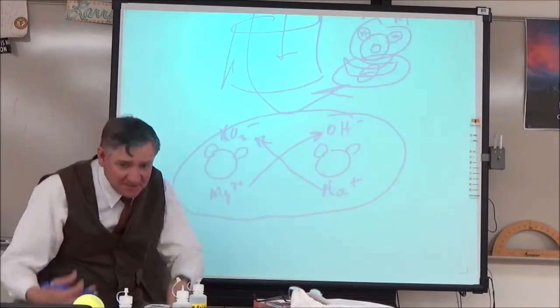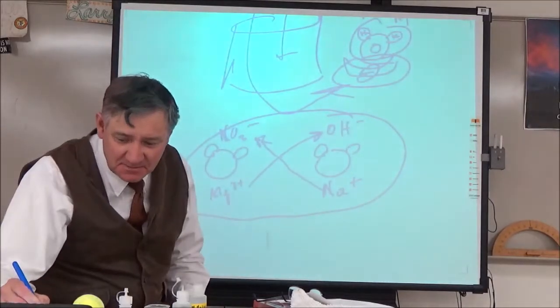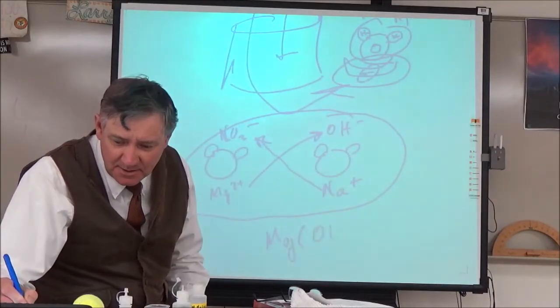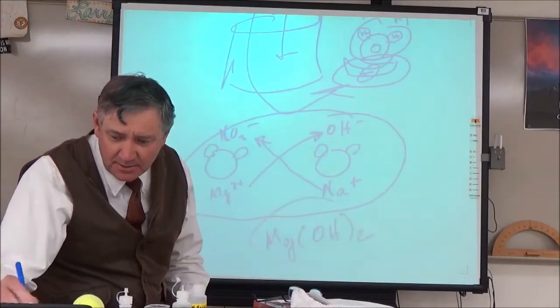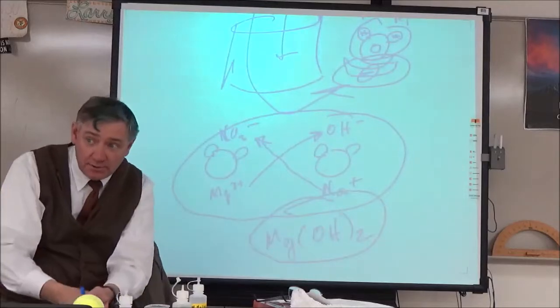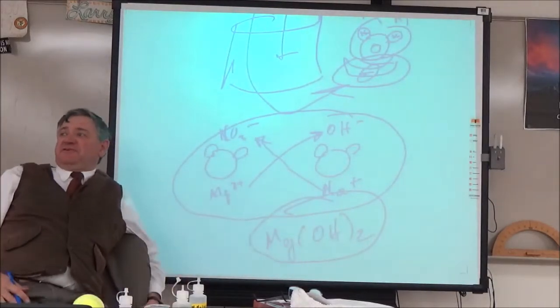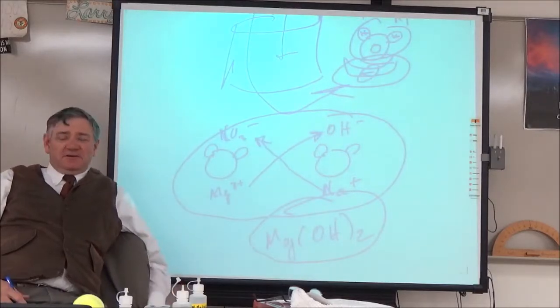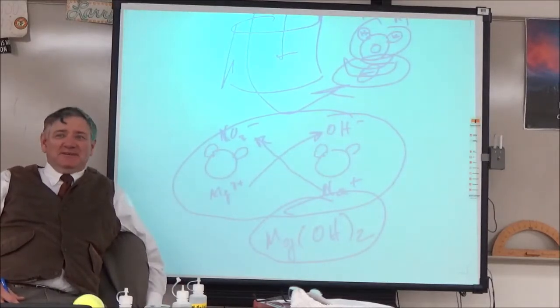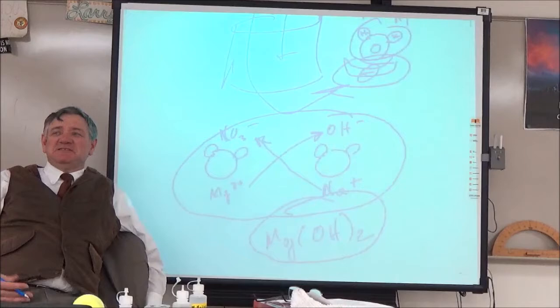So the magnesium and the hydroxide are going to hook up because that bond is stronger than it is to the water molecules. The water molecule is going to feel a little jilted at this point. The water molecule is going, really?